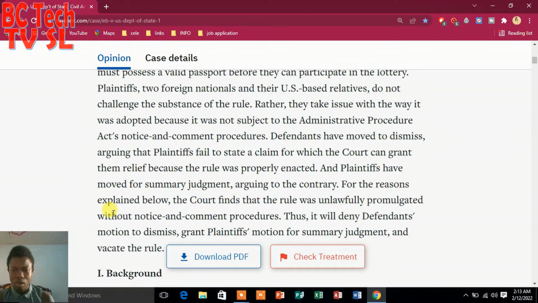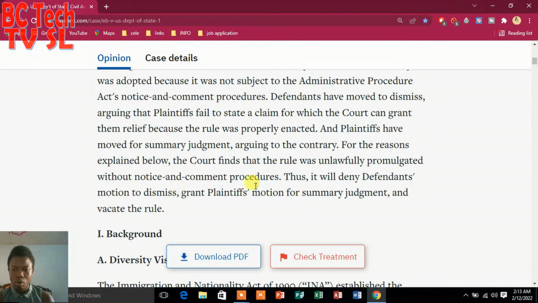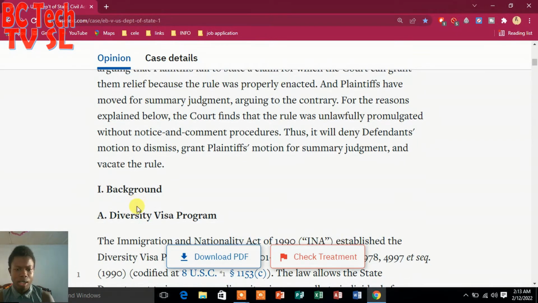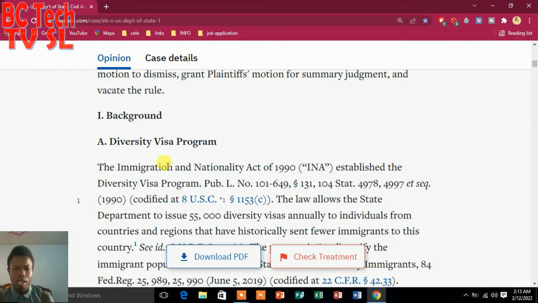For the reasons explained below, the court finds that the rule was unlawfully promulgated without notice and comment procedures. Thus it will deny the motion to dismiss, grant plaintiffs' motion for summary judgment, and vacate the rule.